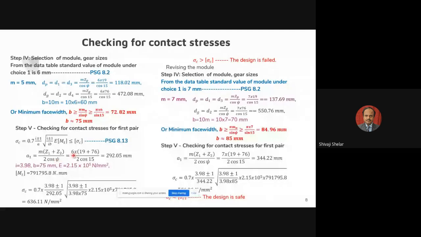By putting the values of Z1, Z2 and psi, we get center distance as 292.05 mm. Now we know the i ratio is 3.98, b minimum is 75 mm. The E value is available from the table; since both materials are steel, the equivalent Young's modulus is 2.15.